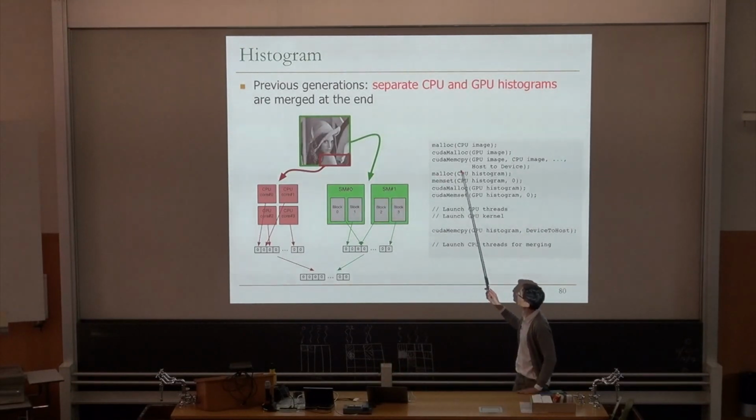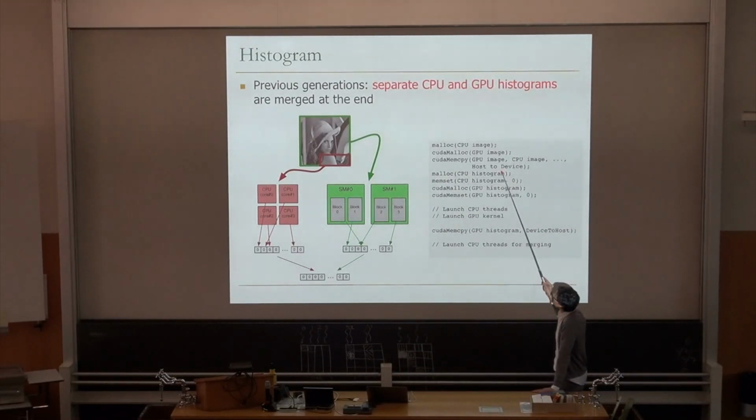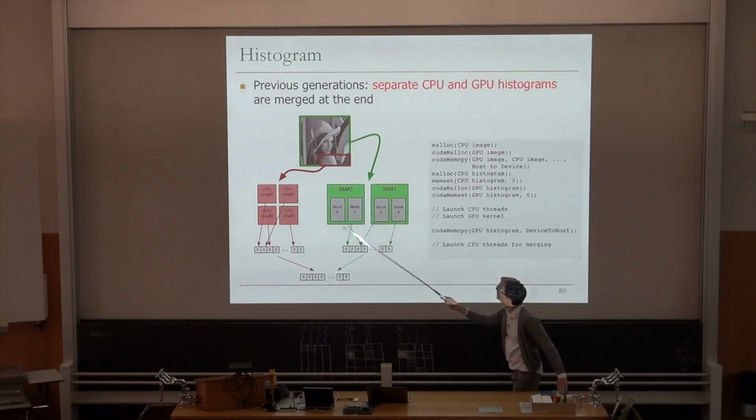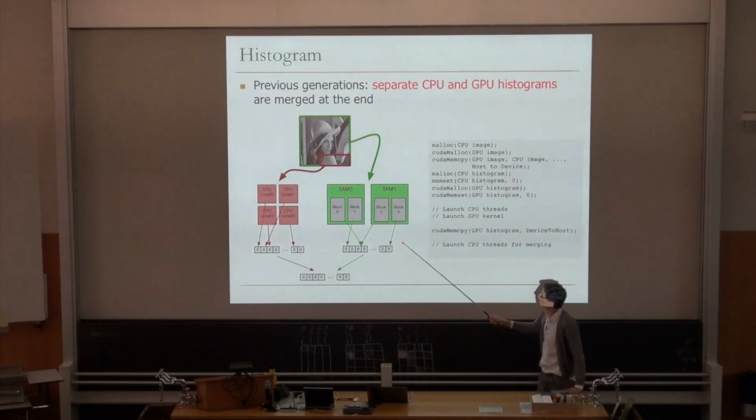But the problem is that this is the traditional approach. We need to allocate the image in the CPU and in the GPU, and transfer the image from the CPU to the GPU. Then we need to allocate and reset the histogram in the CPU, and then the histogram on the GPU.